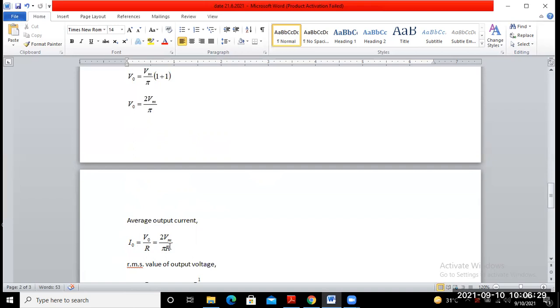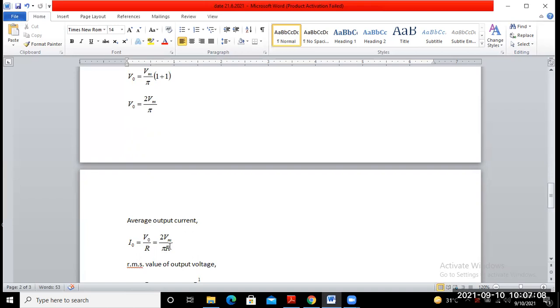How can we find the RMS value of the output voltage? If you know the standard formula for the RMS value of any waveform, that is, X suffix RMS equals 1 by time period, integral from 0 to time period of x square t dt, whole to the power 1 by 2.